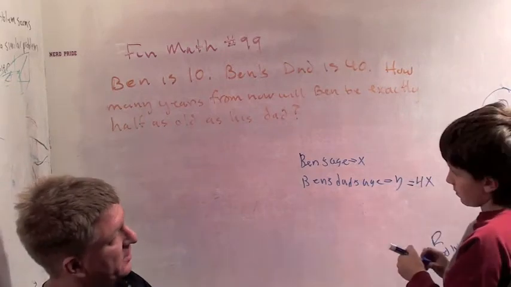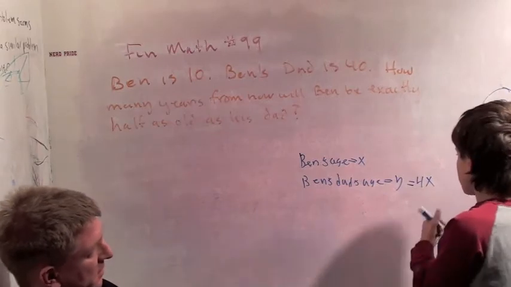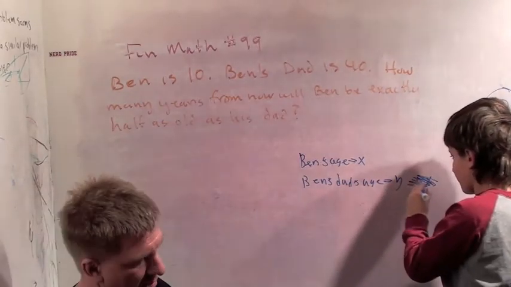Is it always going to be 4X? No, because next year Ben will be 11 and the dad will be 41. So we should just leave it as Y. Maybe.